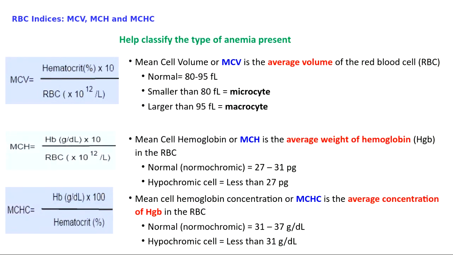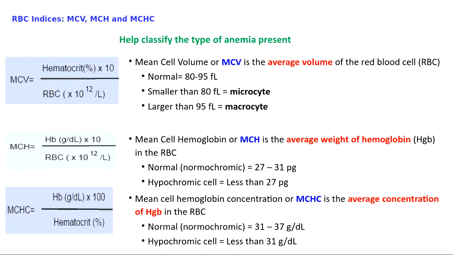If I look at the mean cell hemoglobin, or MCH, or the mean cell hemoglobin concentration, MCHC, those two indices are going to tell us how much hemoglobin is present within the red blood cell.